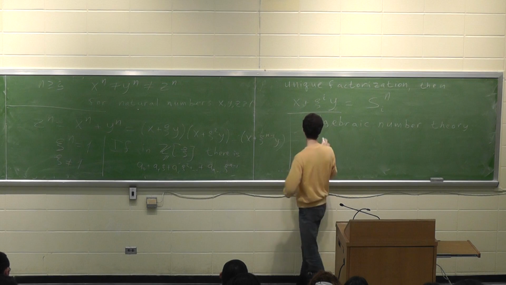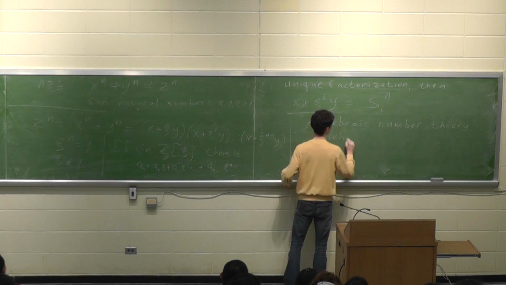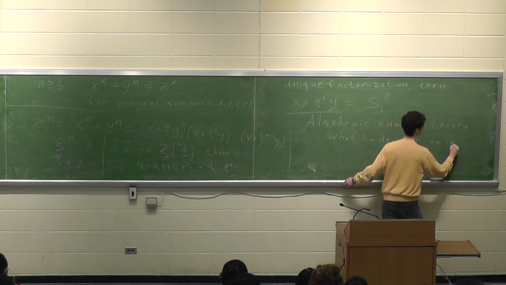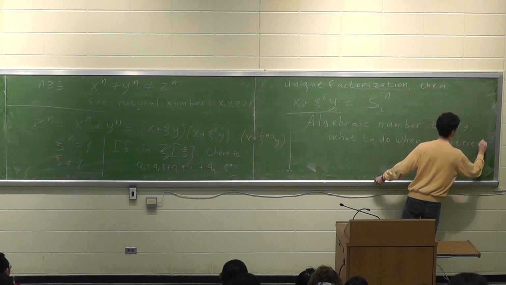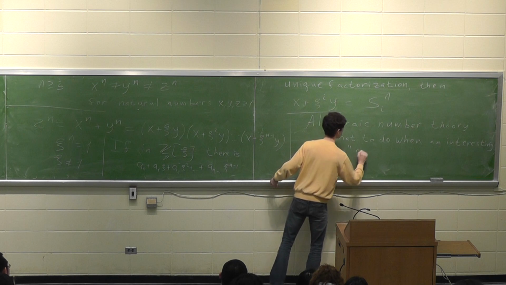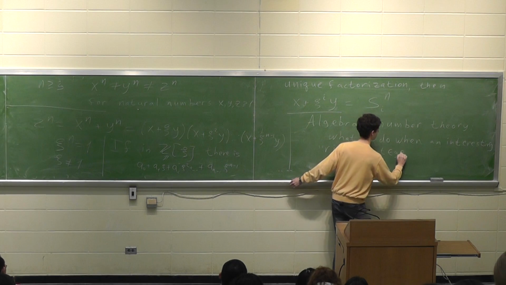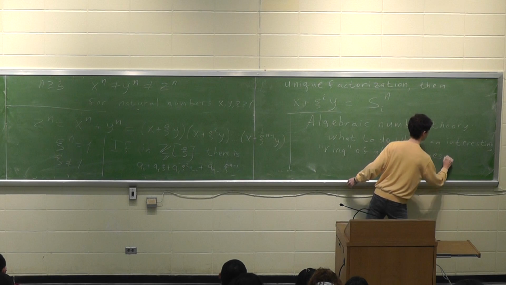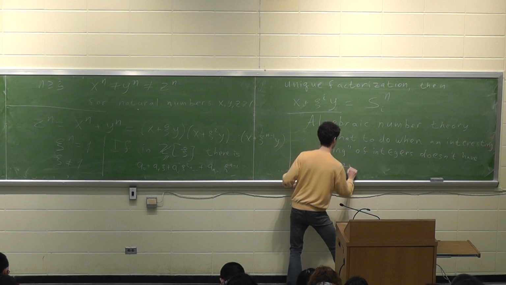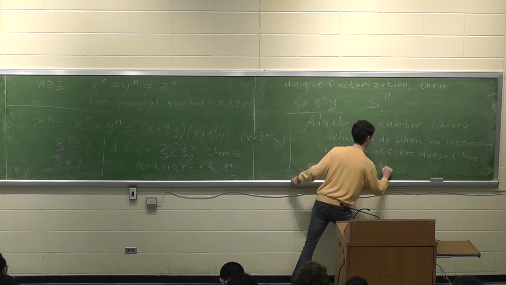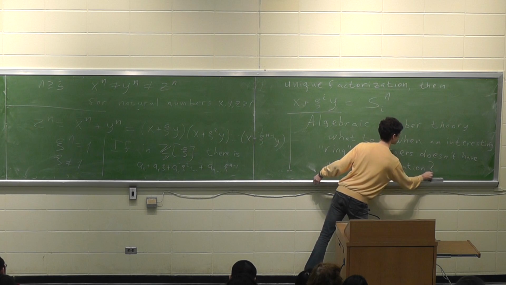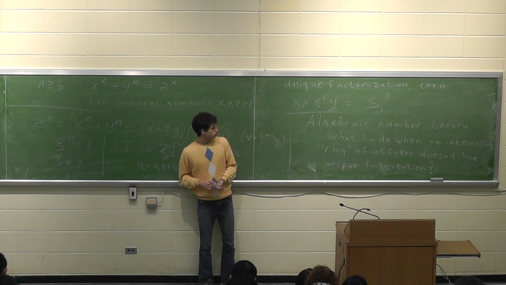A large part of it is about the question of what to do when an interesting ring of integers doesn't have unique factorization.